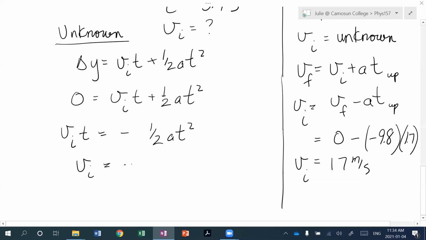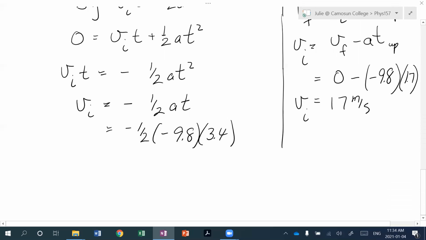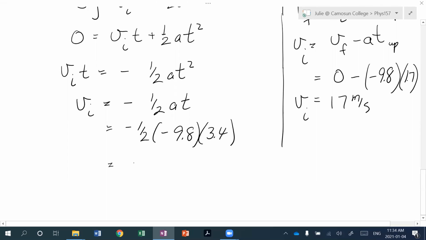So VI is negative 1/2 A times T because you have to divide by T on both sides. And so this would be negative 1/2 of negative 9.8 times 3.4. And you can see you actually end up doing exactly the same calculation. Half of 3.4 is 1.7 times 9.8, and then two negatives cancel. And so you get the same number, 17. Okay, but that's an example of making a good choice of which equation is easier to use, given the information that you have.